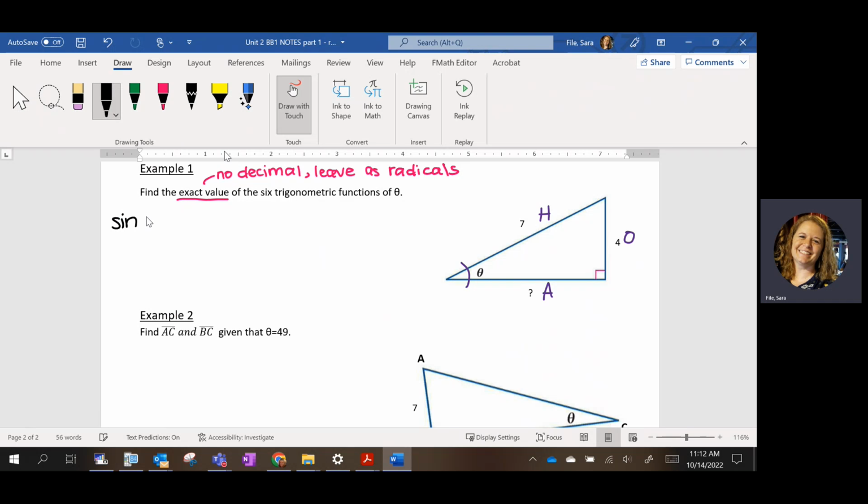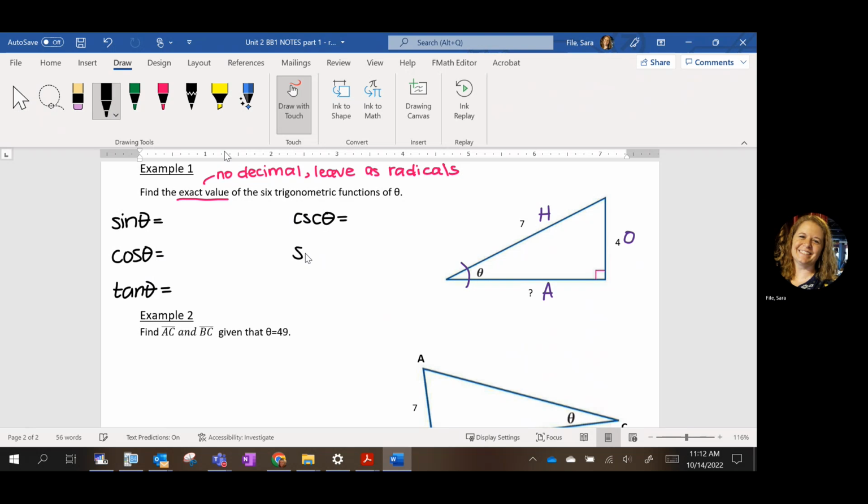I want to be able to give sine, cosine, and tangent, and the reciprocals. So I can go ahead and give sine with what I have here, because sine is O over H. That's 4 over 7. Easy peasy.